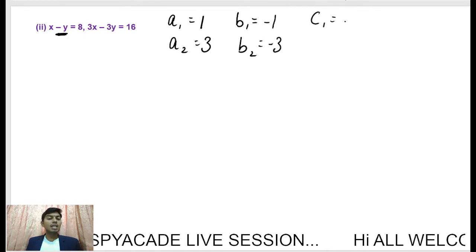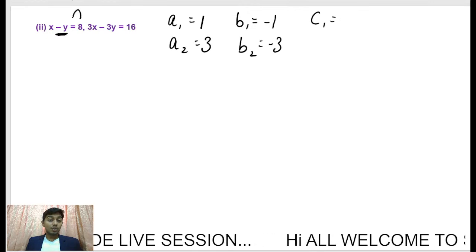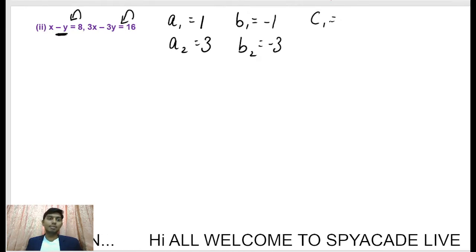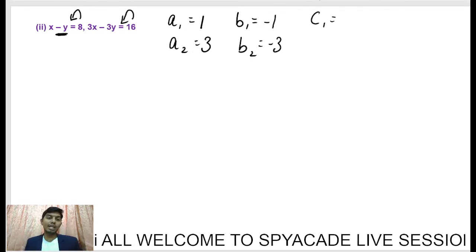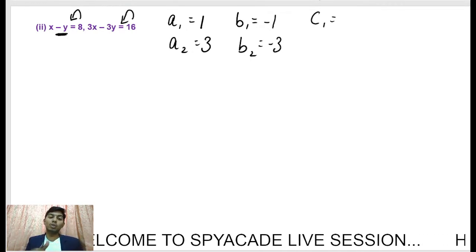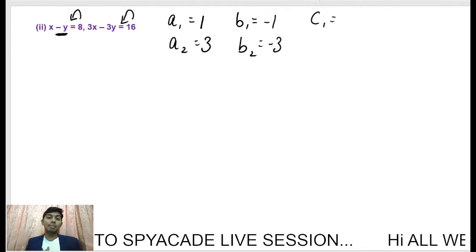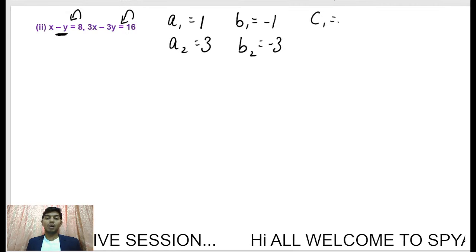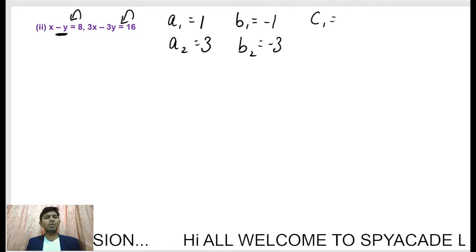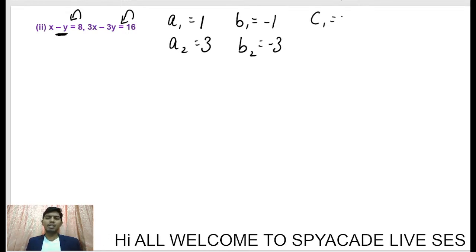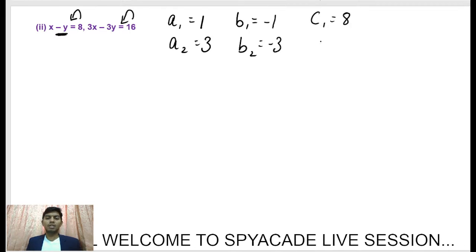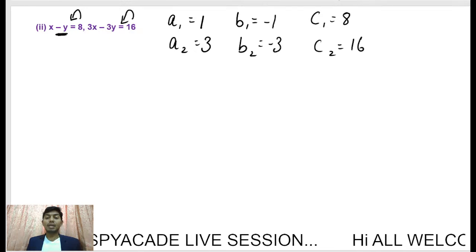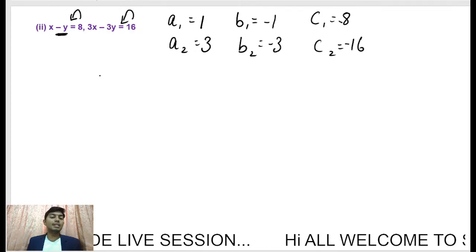Same way, c1: as I told, make it in the general form and then do it. It's better, because sometimes if one is positive and one is negative, that will become another error. So just make it in the general form and then solve it. So c1 is minus 8 and c2 is minus 16.